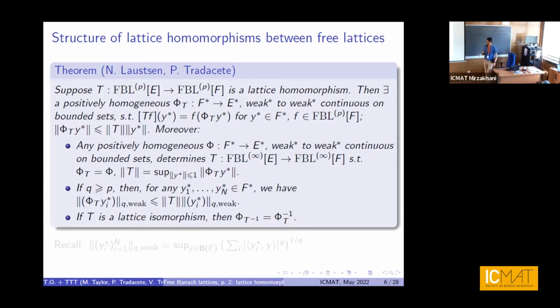And now, since we are interested specifically in the case of T being a lattice isomorphism, then for lattice isomorphisms we have, of course, T inverse. So the corresponding maps phi, they are inverses of each other. So I know that this is quite a long theorem, quite a long statement. So I will put it back on the slide several times as needed.